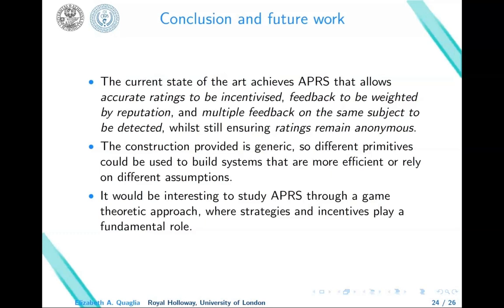So these play obviously a fundamental role in game theory. So why not study this through this lens? And this has already been done in terms of PRS, so standard peer rating systems have been studied in the game theoretic world. It's just the anonymous part that still needs to be explored. So that's definitely something to go and explore in that direction.